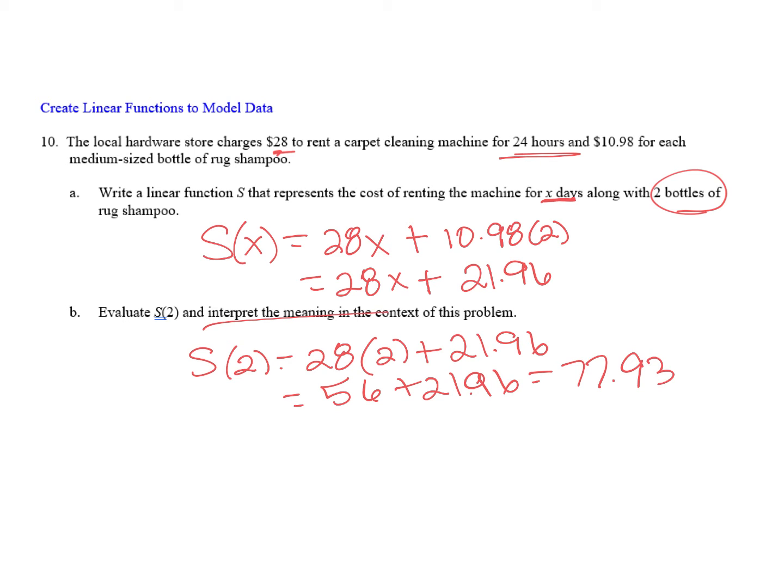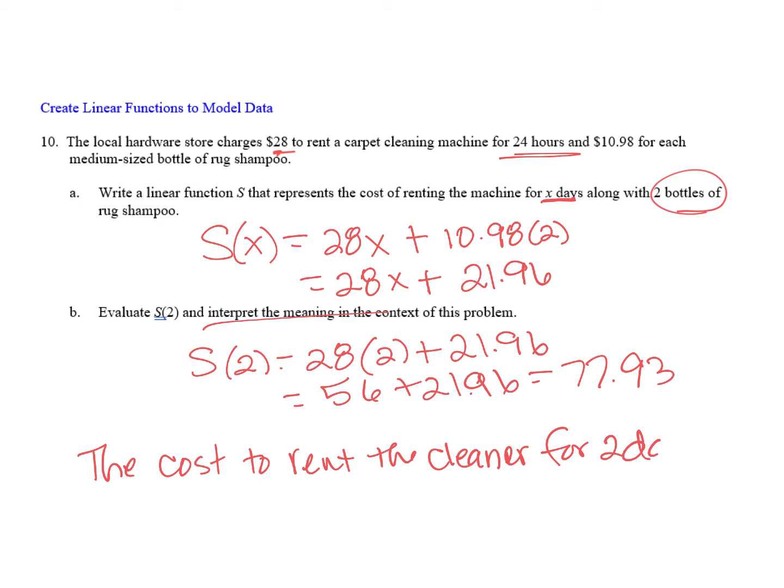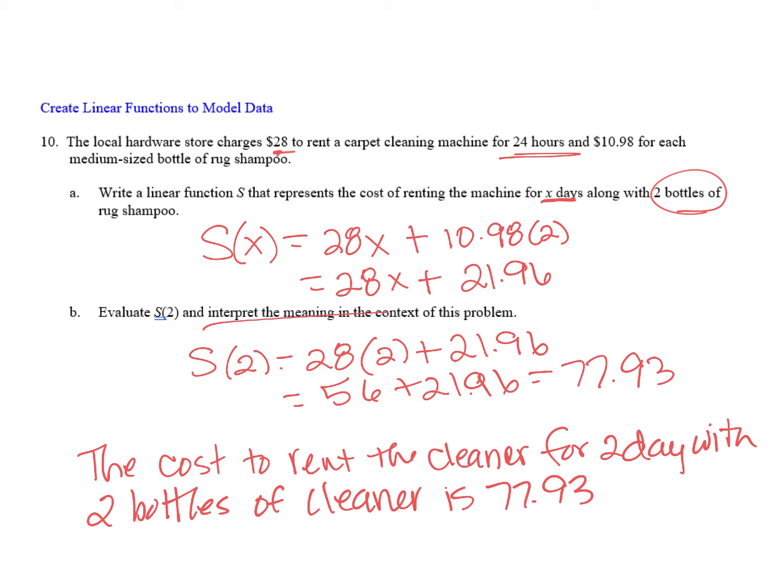Well, the meaning is the cost to rent the cleaner for 2 days with 2 bottles of cleaner is $77.93. That would be the interpretation given the context of the problem as well as the answer.